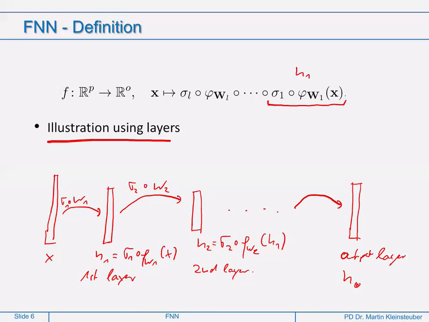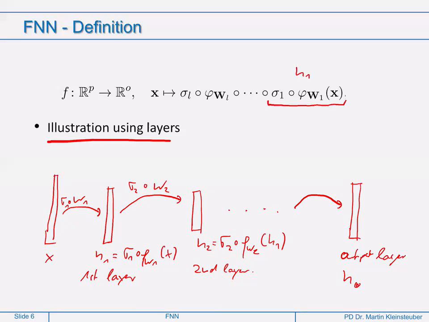And if you look at that, you see that these non-linearities here are very crucial, right? The sigmas, because without the sigmas, it would just be a concatenation of linear functions. And you know that a concatenation of linear functions is, again, a linear function. So you cannot enrich your class of functions with different layers.